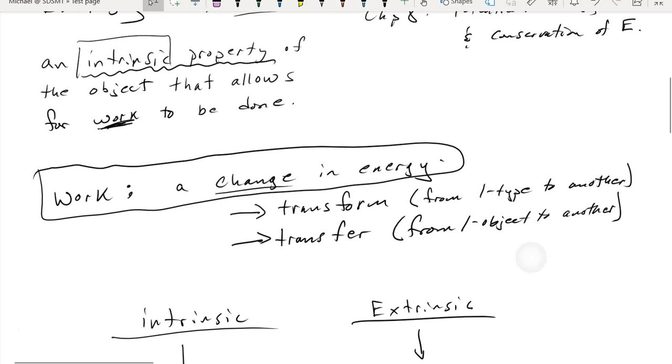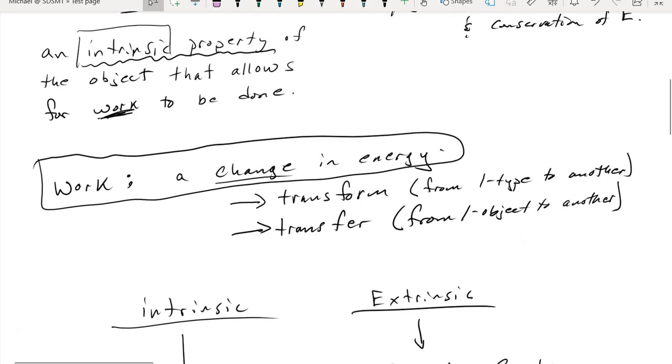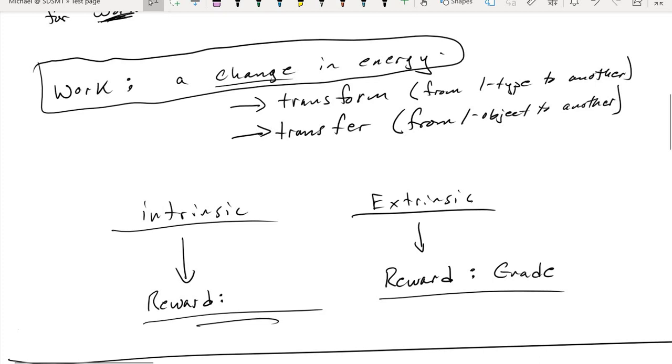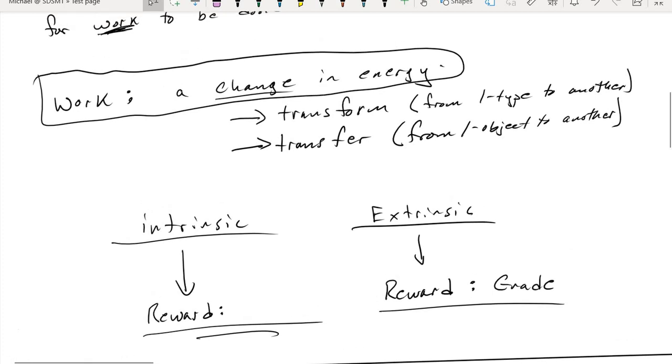But the one place where I've seen terms like intrinsic and extrinsic come up quite often is in areas like psychology. And I know that's probably the last thing you were expecting to hear about in your physics class. But just to give you a side example here, at the end of this semester, when we finish up this class, you are going to be expecting an extrinsic reward from me.